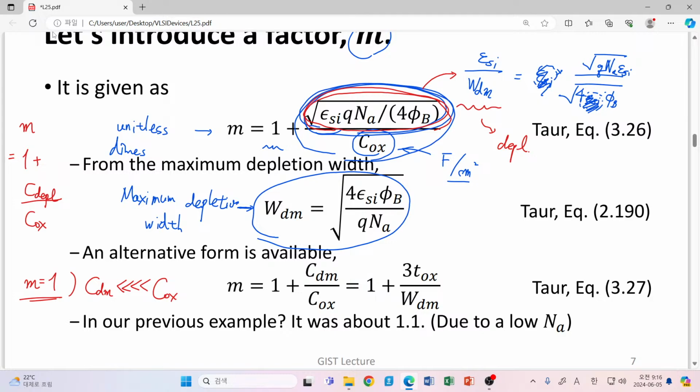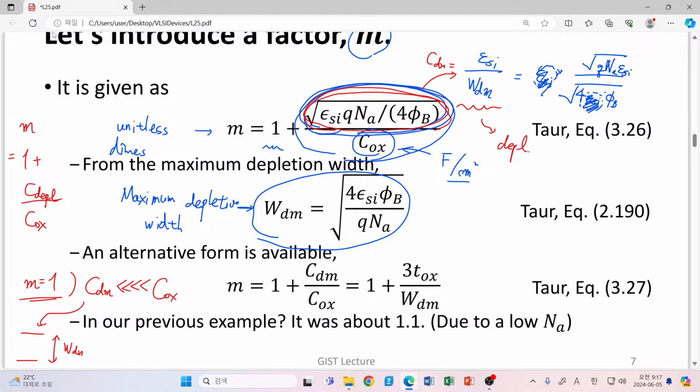Then how can you realize this relatively small depletion capacitance? The simple way is to make a very wide depletion layer. If you have a very wide depletion layer, then this CDM is just proportional to epsilon silicon and inversely proportional to the WDM.